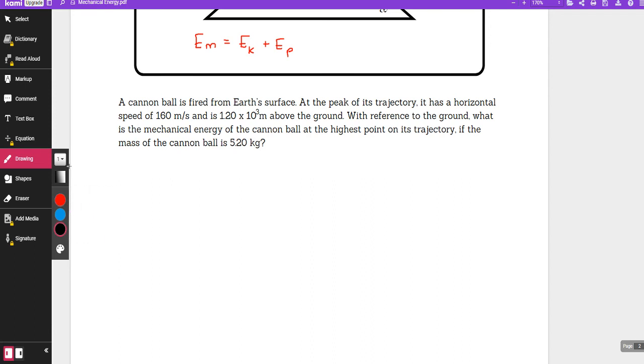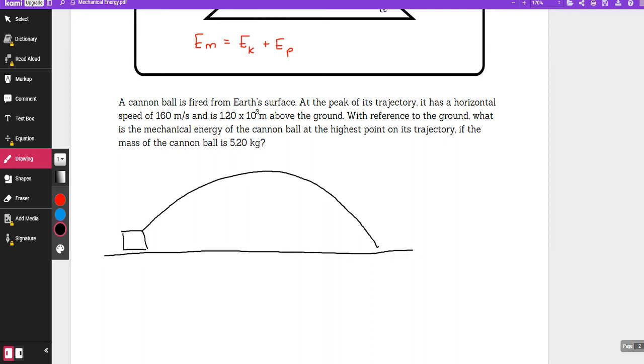So let's sketch this. We have, this is my cannon. Then I have a parabola, because we know that all shapes have a parabola when they're fired like that from our kinetic energy. Then we know that the peak here is going to be the highest, so that is our h. We also know that we have a velocity of 160 meters per second at the peak.